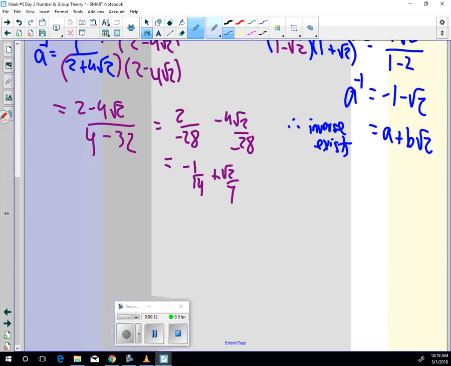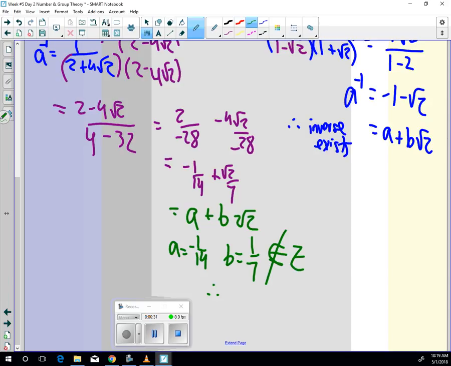So if we match these up to a plus b square root of 2, you're going to get a is negative 1 over 14 and b is equal to 1 over 7. These are not elements of the integers. Therefore, inverse does not exist. I like that one.